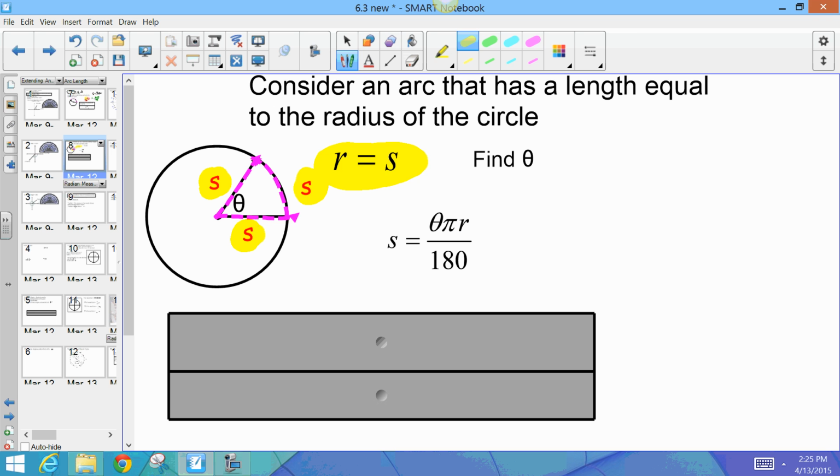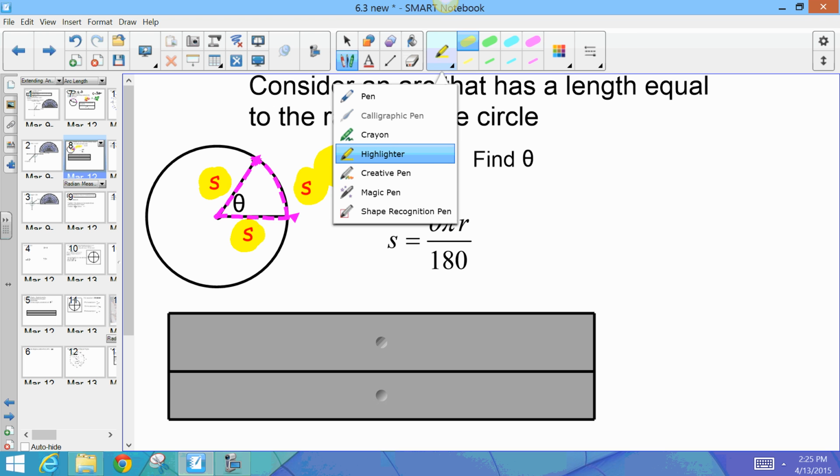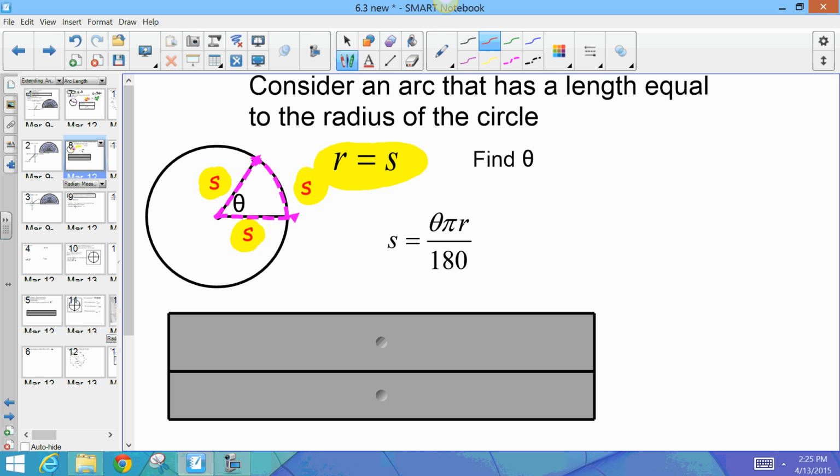So I am going to take this formula that I derived on the previous page, and where S is, I am going to put an R. So I've got R equals theta pi r over 180. I'm going to find what theta is.